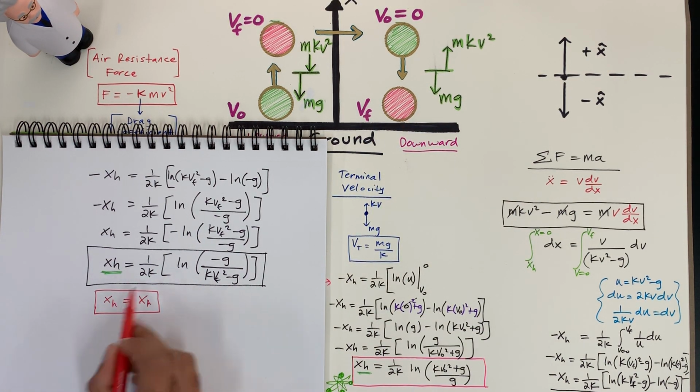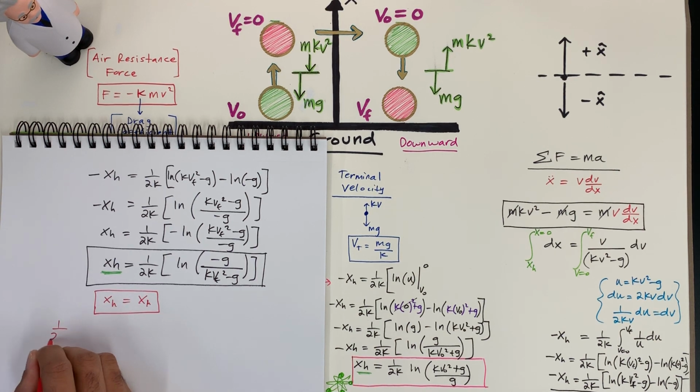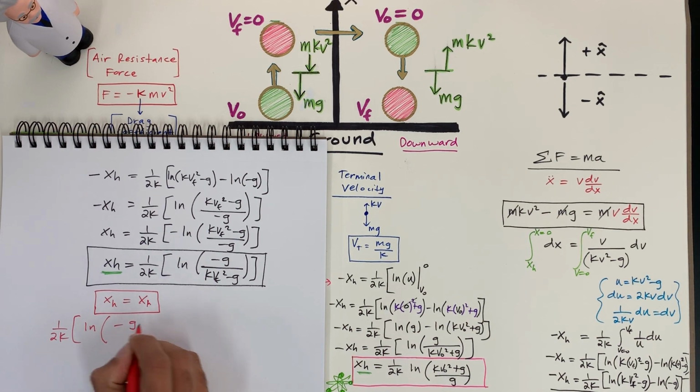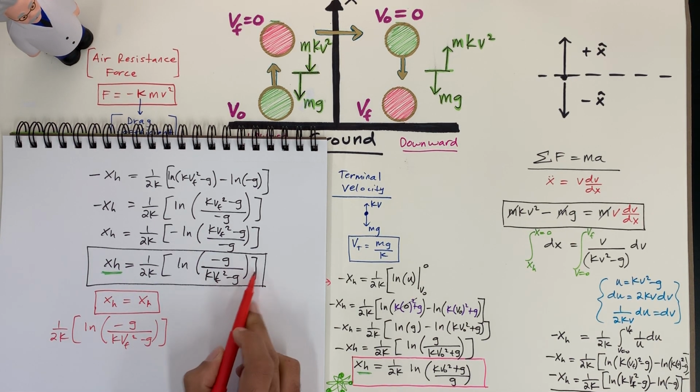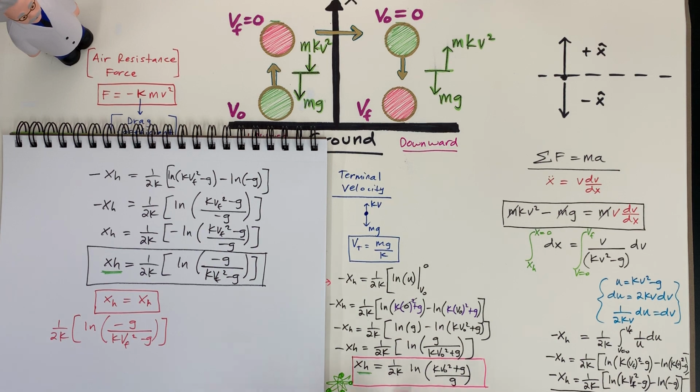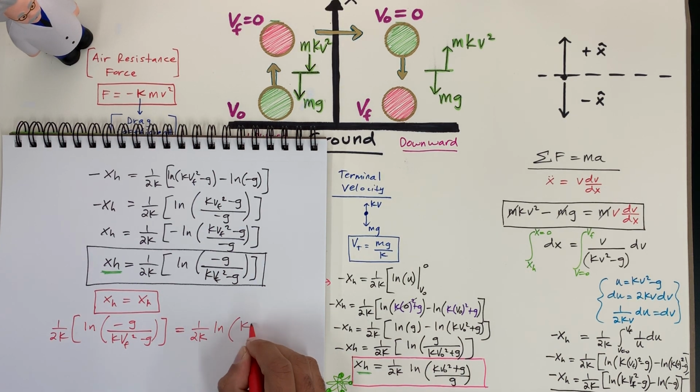So we have this one here, which is 1 over 2k ln of negative g over k v final squared minus g, close parentheses, and then let's write this one over here. So equals, now we're doing this position height. So we have 1 over 2k ln of k v initial squared plus g over g.